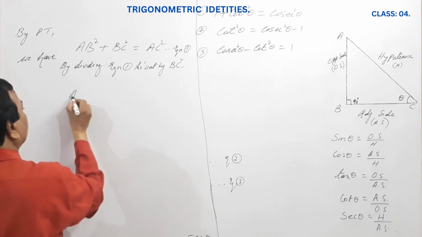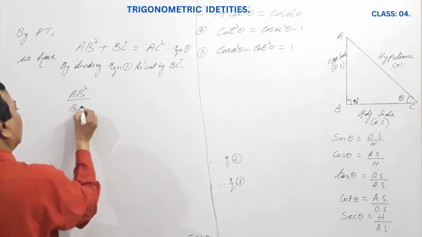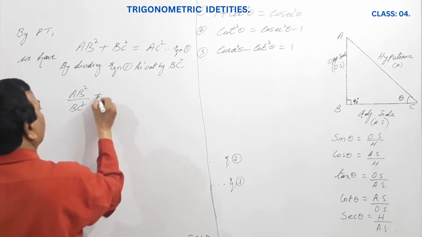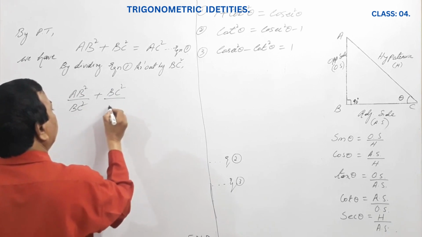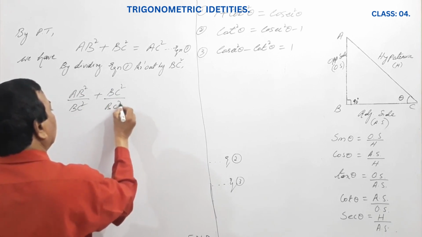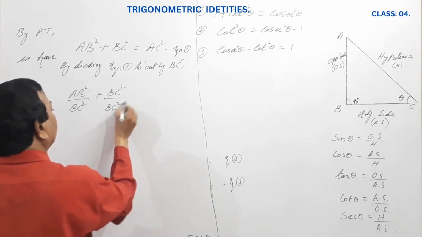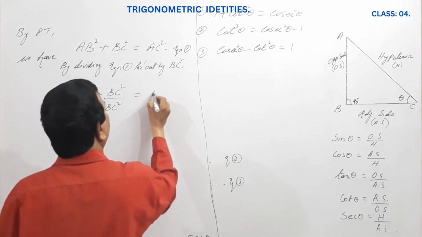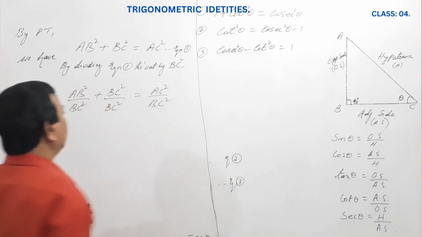So that is AB square by BC square plus BC square by BC square equals to AC square by BC square.